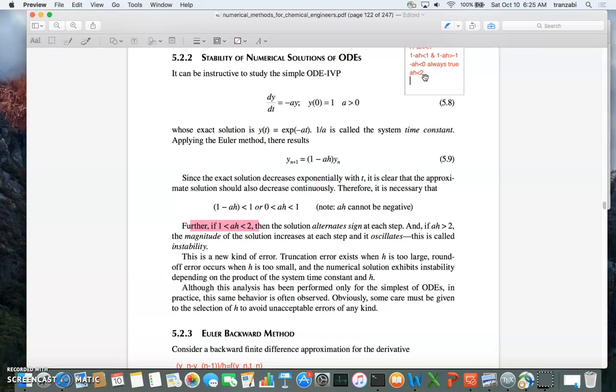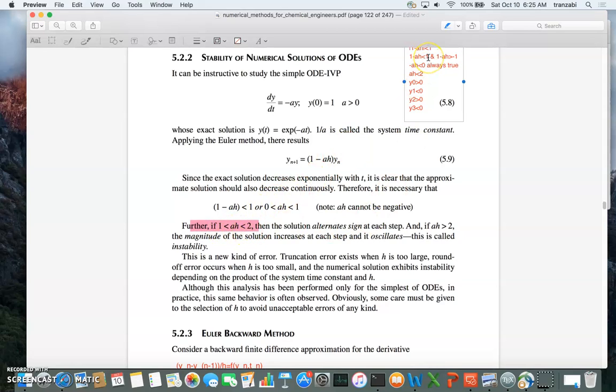In other words, let's say y0 is positive, then y1 becomes negative, then y2 becomes positive, then y3 becomes negative, and so forth. Right? So that is where AH is bigger than 1 and less than 2.